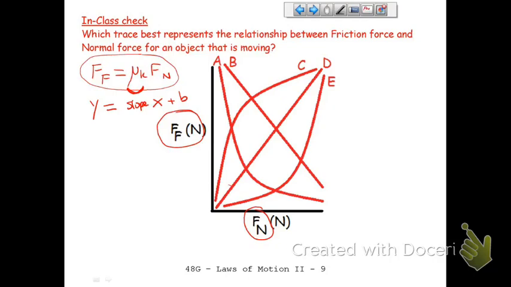Is it linear? Is it parabolic? What is it? Look at that. There's your y-axis is equal to a constant times your x-axis position. What kind of expression is that? It's going to be linear, isn't it? Yeah? Y is equal to mx plus b.